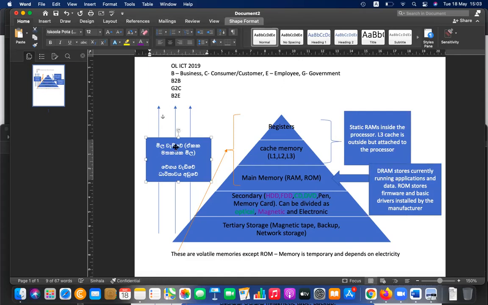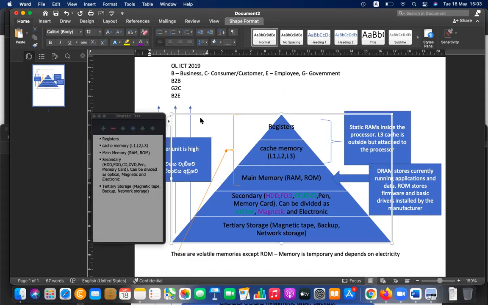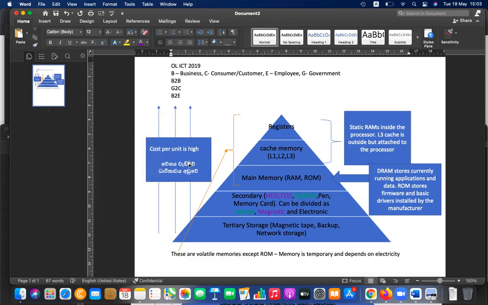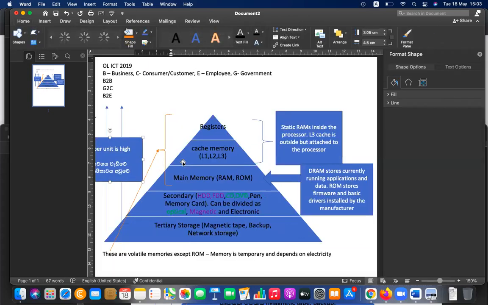And when you go up, cost per unit is high. Registers are high cost, and tertiary storage like network storage is very low cost. And speed is also high.